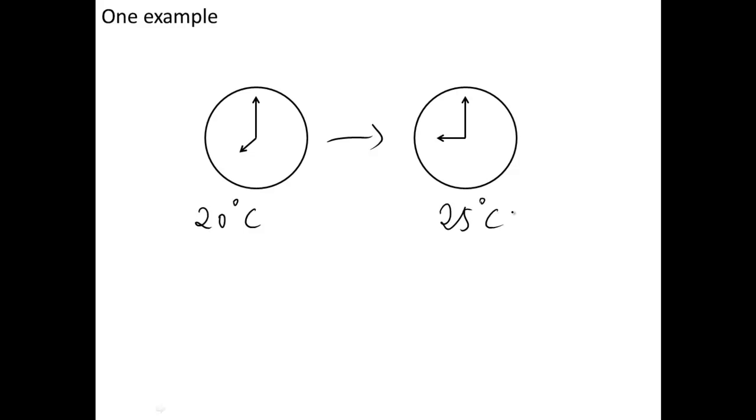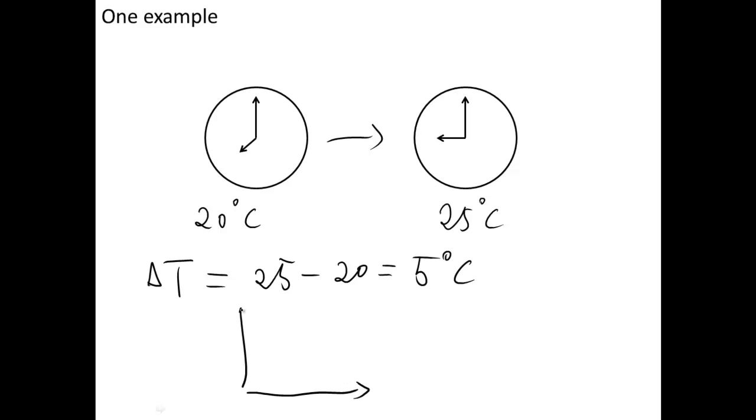We'll say, oh, the temperature rises 5 degrees centigrade, and you just calculate 25 minus 20 and get 5 degrees centigrade, which is delta T. But maybe the temperature T runs like this within 1 hour, from 8 o'clock to 9 o'clock.